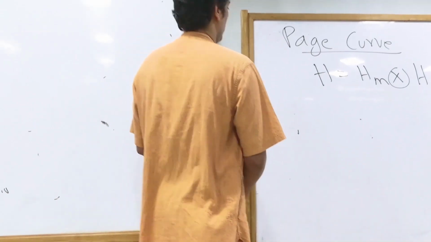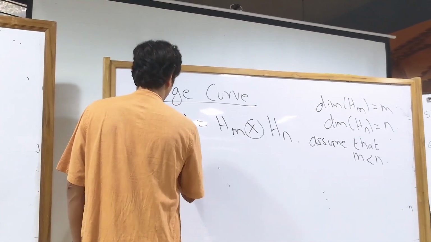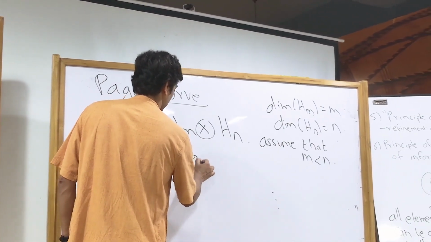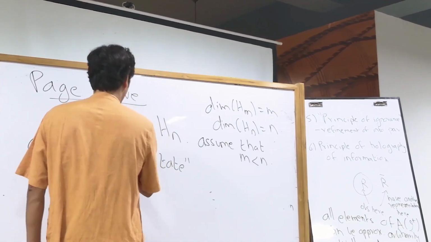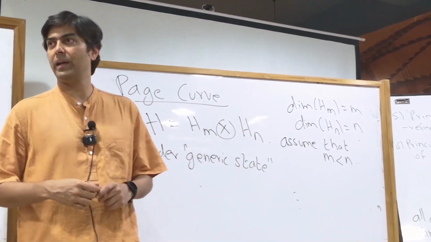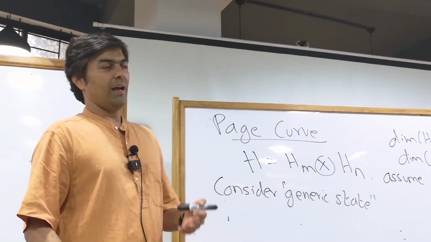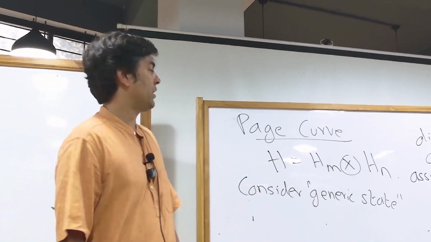Excellent. So consider a generic state. How do you pick a generic state? Well, you have to pick it using the Haar measure. Remember the discussion we had about how you pick generic states by integrating over all states using the Haar measure? It's the same discussion. I'm not going to go through all the details, but generic here means the same thing.